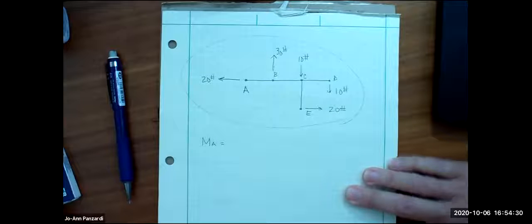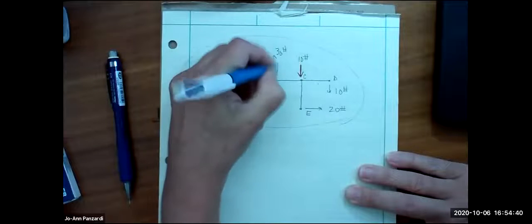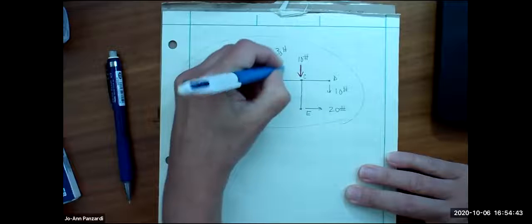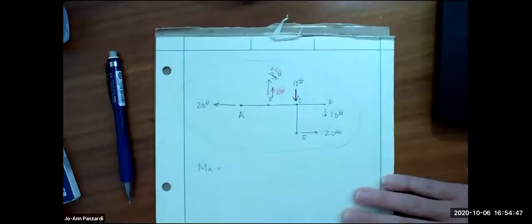What forces can we make couples? The 30-pound force at B, and then the 10-pound force at C. Okay, so we have this one, and we have one of the 10s, which means I'm crossing this out and making it a 20. Tim, what else do I have?